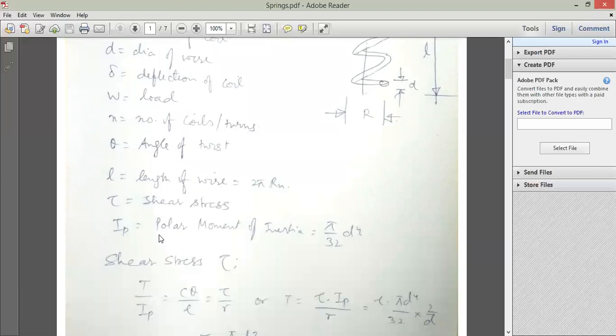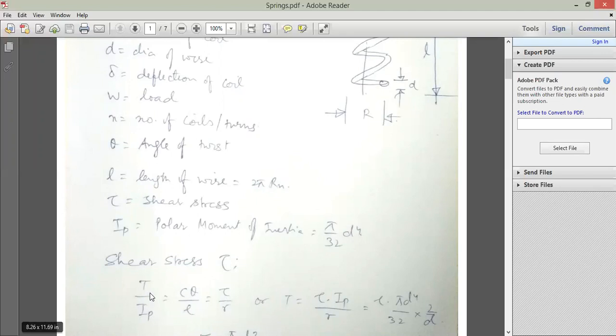After that we come to the shear stress. How much shear stress is generated? We have studied shear stress in the last two lectures, where we discussed the shear stress produced in the coils. So T by IP equals C theta by L equals tau by R. Once again I repeat, T is the torque, IP is the polar moment of inertia, C is the modulus of rigidity, theta is the angle of twist, L is the length, tau is shear stress, and R is the radius.